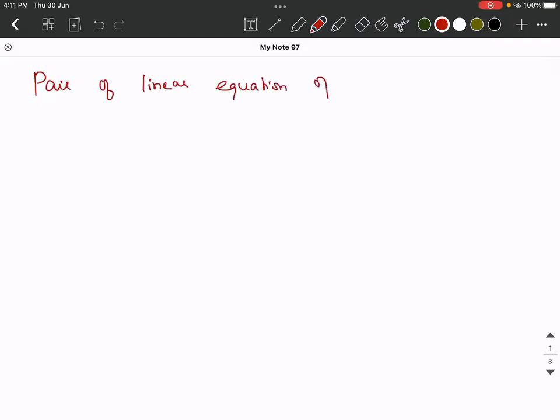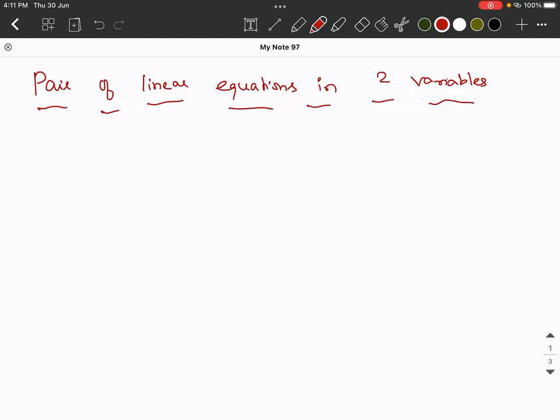So pair of linear equations in two variables. Generally, what does a pair mean? Okay, but they are saying pair of linear equations in, so not of, it is in two variables. What is the meaning of this? Pair of linear equations in two variables.